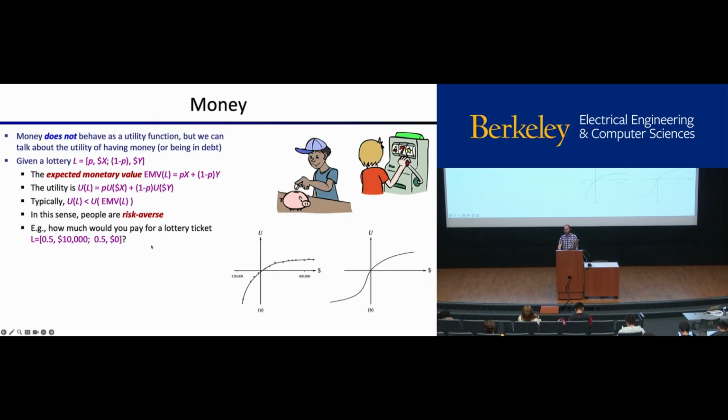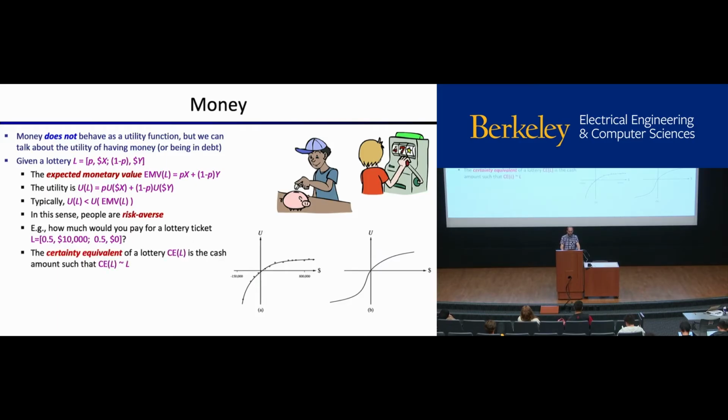Or would you only be willing if I was offering it for like $1,000 or maybe even less? Just think for yourself. I won't ask you to put up hands for this one. What's the sort of number where you'd think, yeah, maybe I could go either way on that? You'll probably notice that it would be less than the expected monetary value.